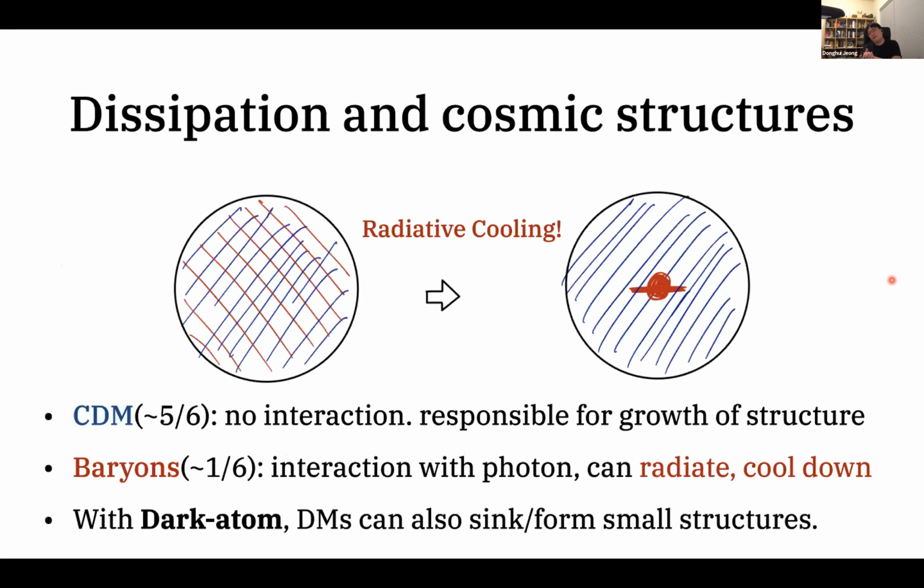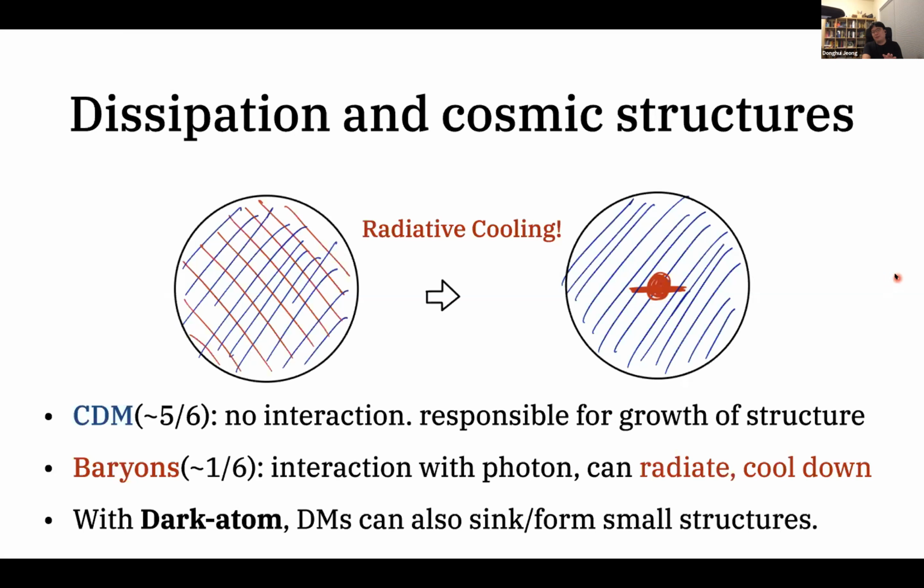But later, we all know that we have a galaxy at the center of a halo. So what makes this difference? It's because baryons can dissipate energy, therefore lose their kinetic energy to sink toward the center of the gravitational potential, while CDM cannot. By introducing this dark atomic theory, what we want to do is to introduce the channel that dark matter can lose energy, therefore collapse toward the center and do what baryons would do, meaning forming the structure.